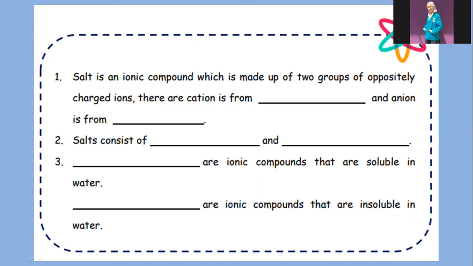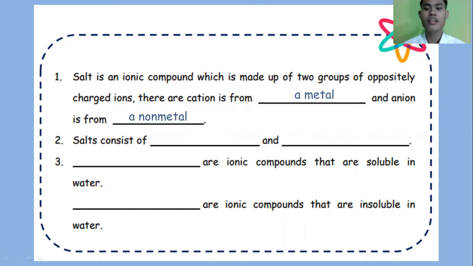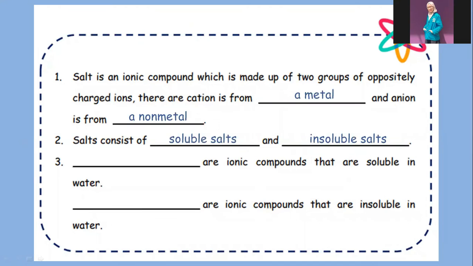The cation is from a metal and the anion is from a non-metal. Okay, next, number two. Salt consists of soluble salts and insoluble salts. Okay, thank you, Patrida.